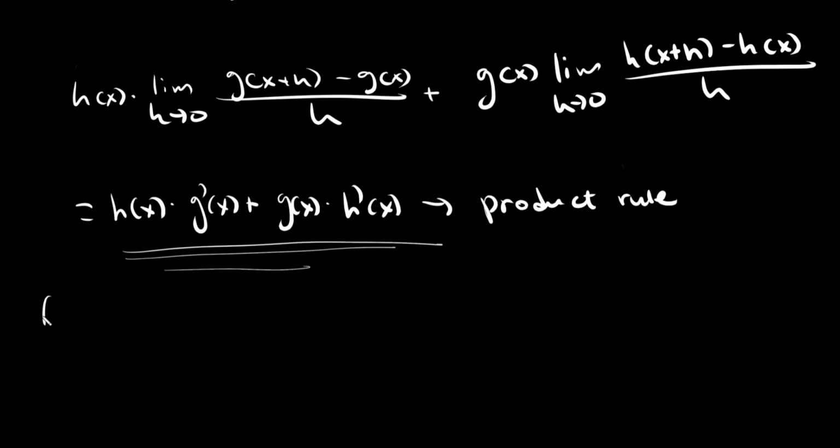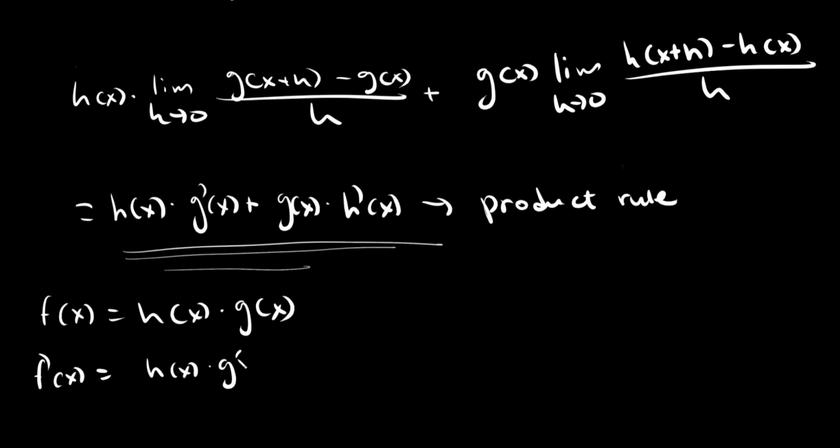So let's write it again. f of x equal to, let's do this properly, f of x equal to h of x times g of x. And if I do the derivative of that, I'm gonna get h of x times g prime of x plus g of x times h prime of x. Okay. So far we have seen two types of rules, and I'm gonna give you guys an example of this.